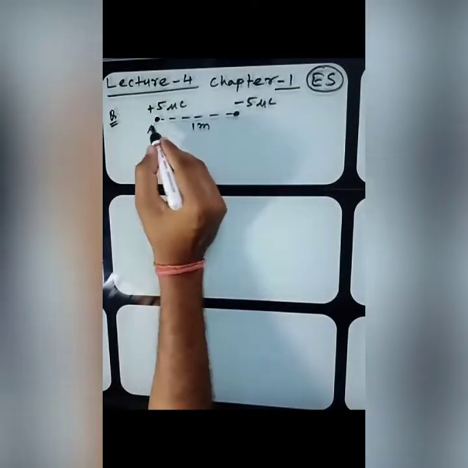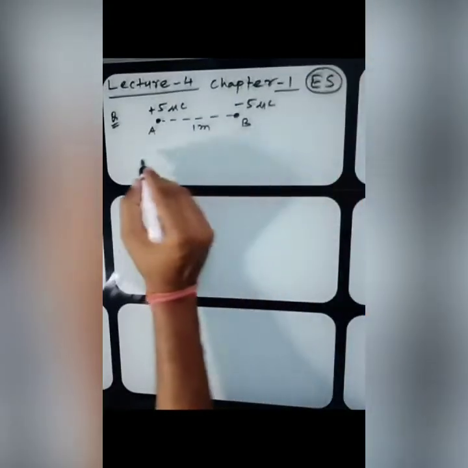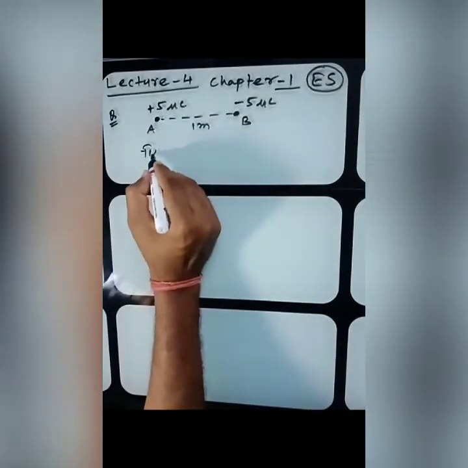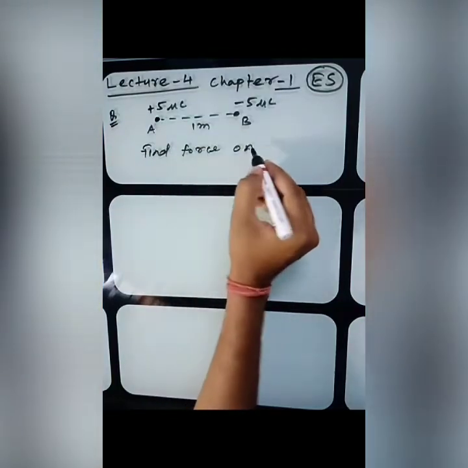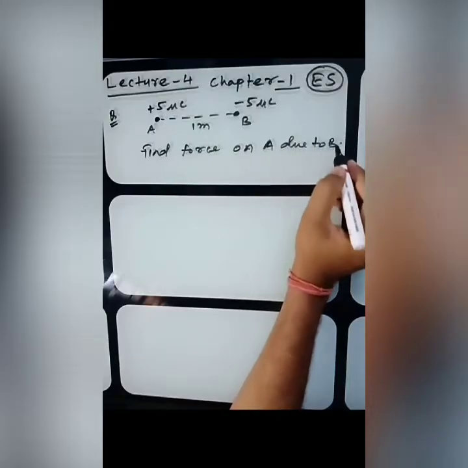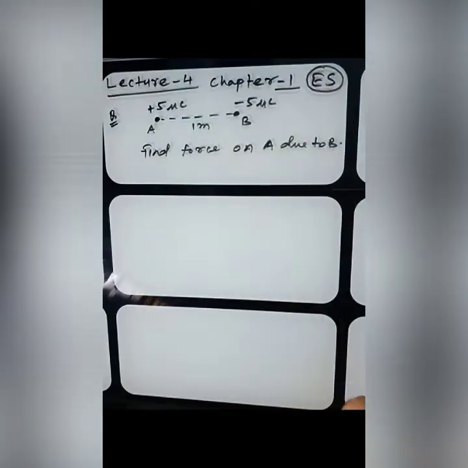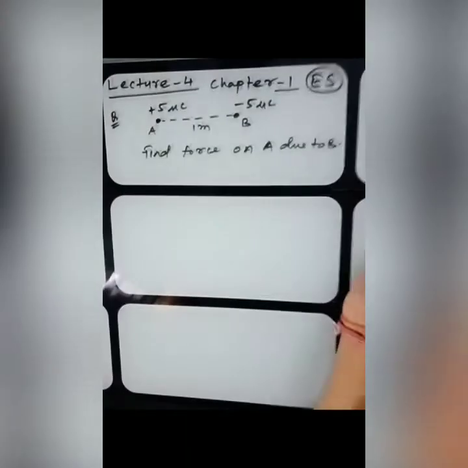These are the charges A and B. You have to find the force on A due to B. You have to find the force in vector form as well as the magnitude also. Okay, so try to solve this question.